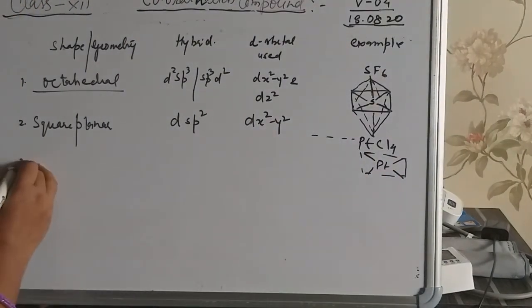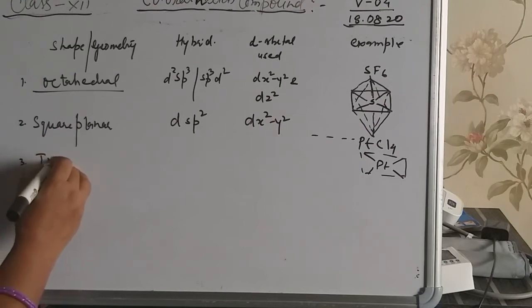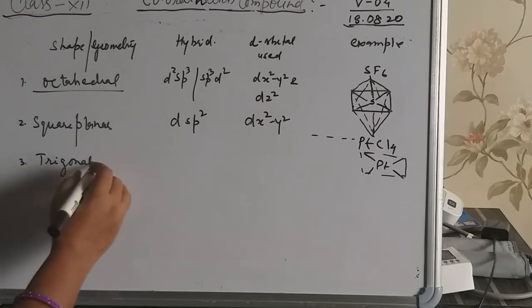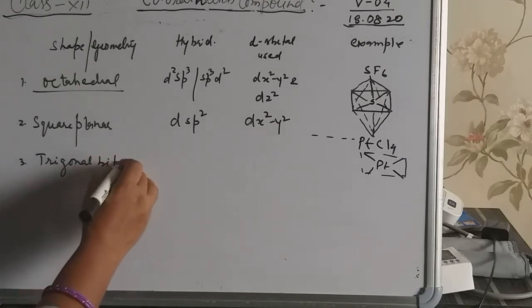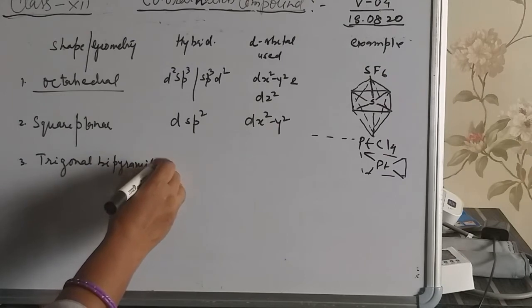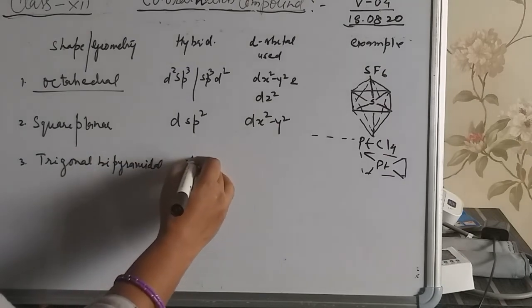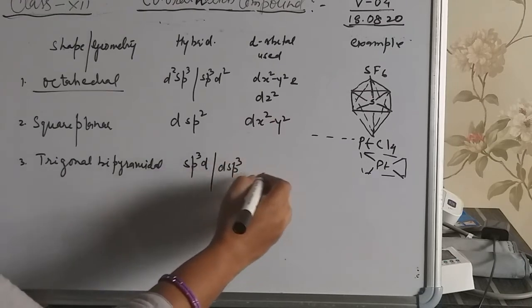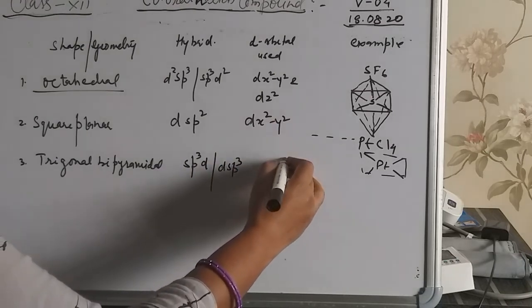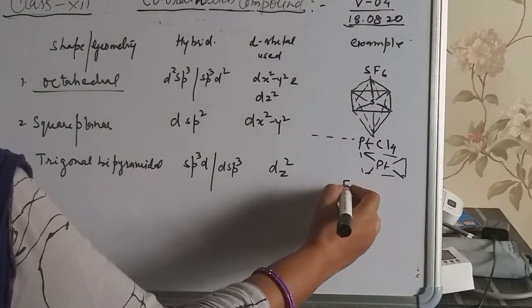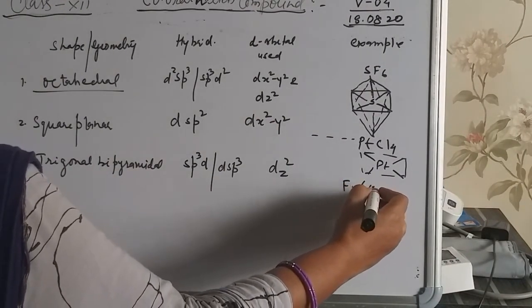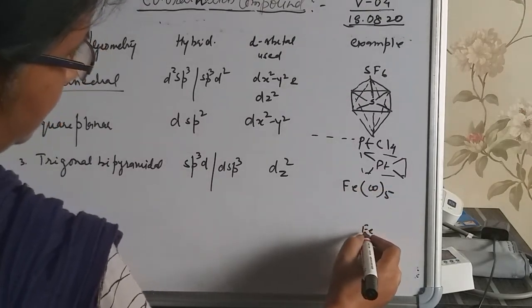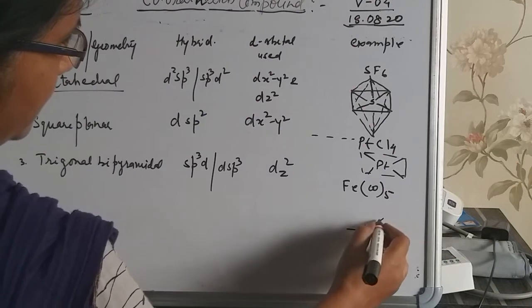Next is trigonal bipyramidal. sp3d or dsp3, involvement of dz square, and the example Fe(CO)5, and we know that the structure is like this.